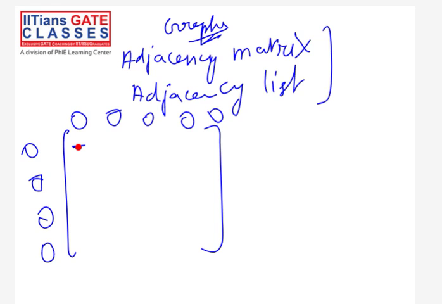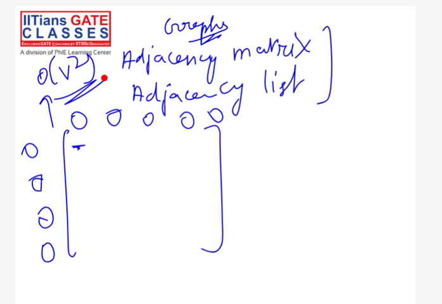All right. So basically, if you're using an adjacency matrix, it will have order of V square entries.